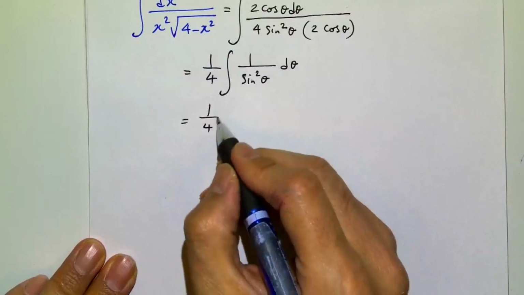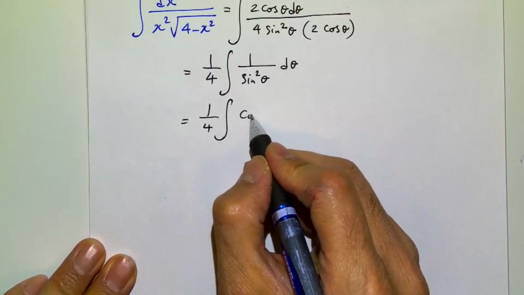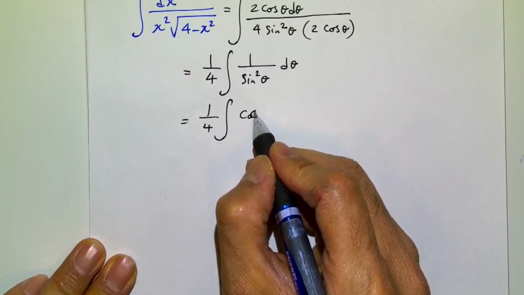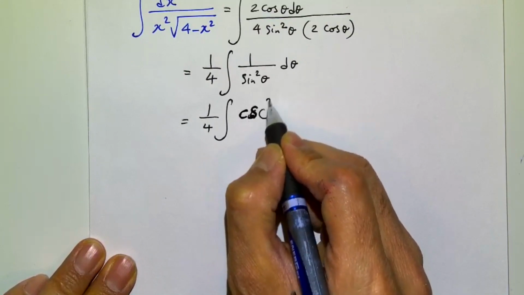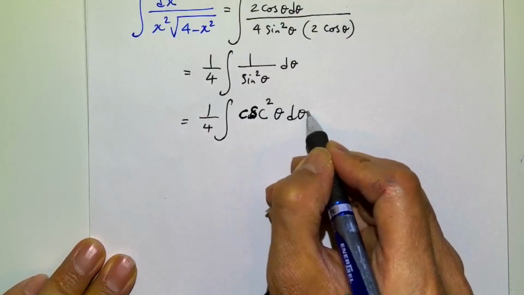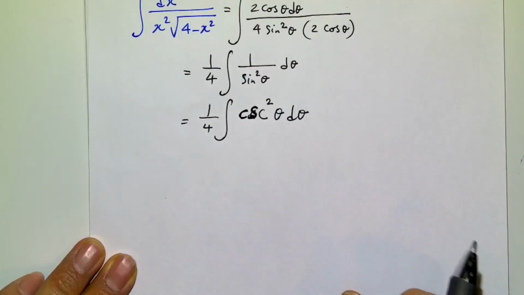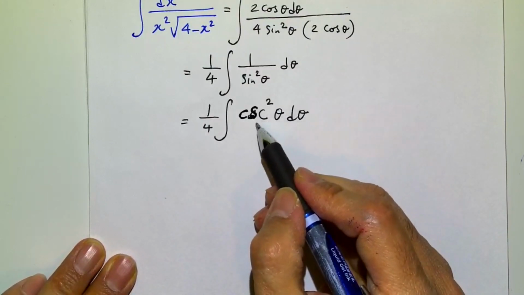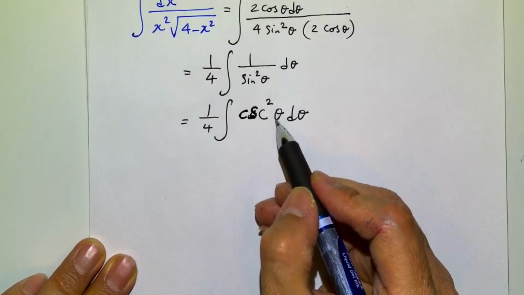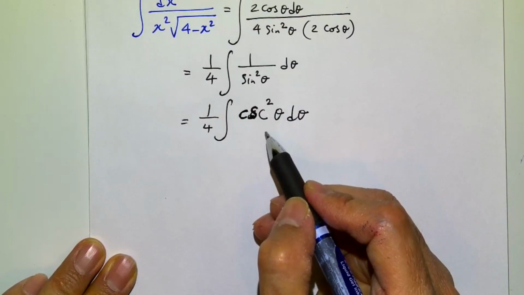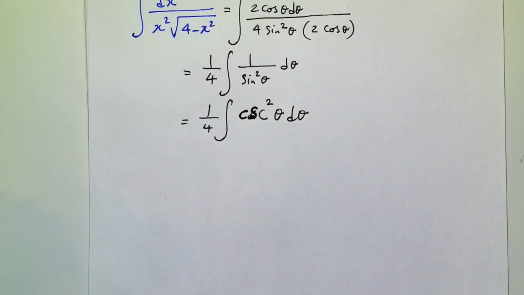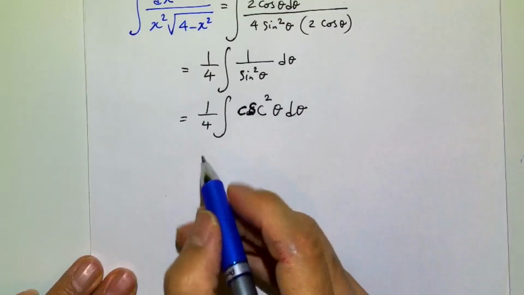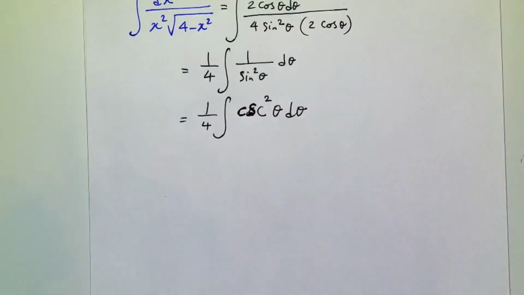So 1/4 times the integral of cosecant squared theta d theta. And we know that if you integrate cosecant squared theta, you get minus cotangent theta. So we can immediately integrate this.